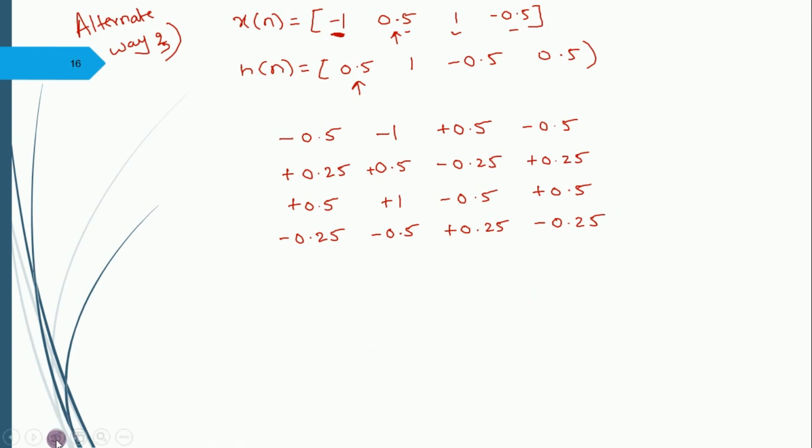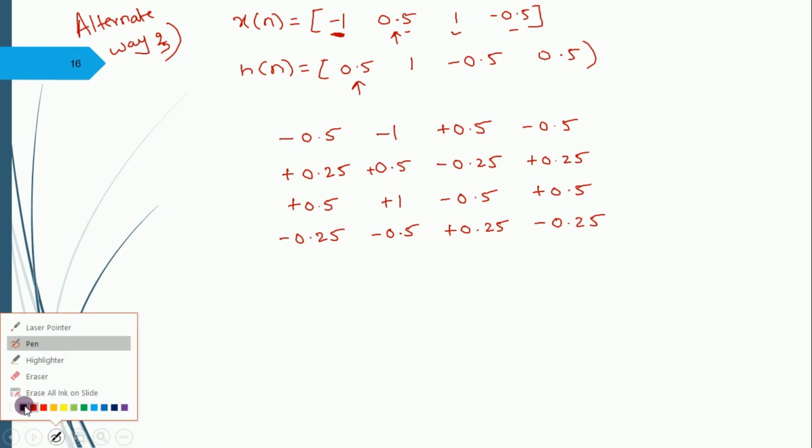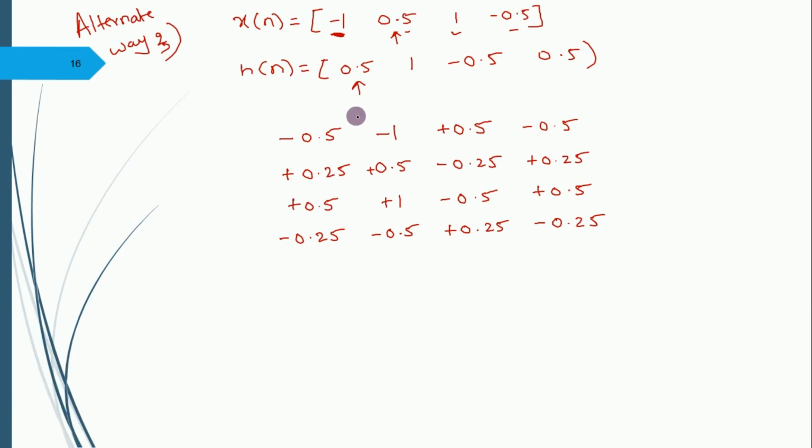I'll change the ink for the last step. Last step is very simple. So you have to mark it like this, diagonally. So I put a dotted mark diagonally, in this fashion.